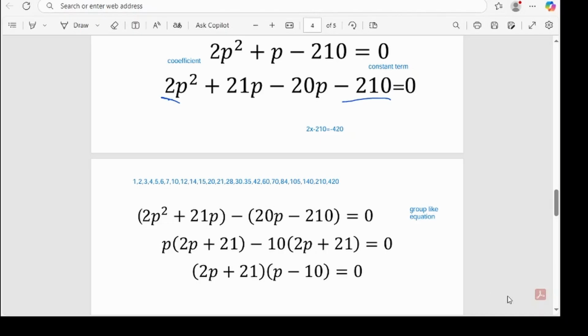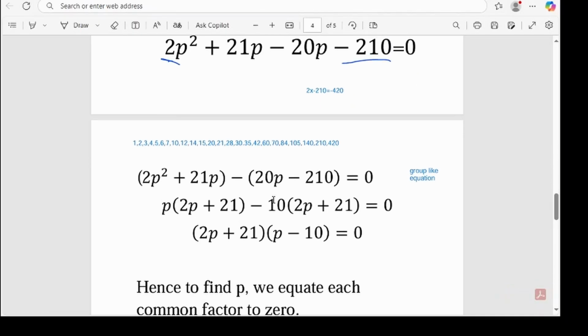The next step, you simplify the like terms. So in 2p squared plus 21p, the common factor here is p, right? So you bring p out and multiply it by the bracket. p will go into 2p squared 2p times, and p will go into 21p 21 times, so you get p times (2p plus 21).